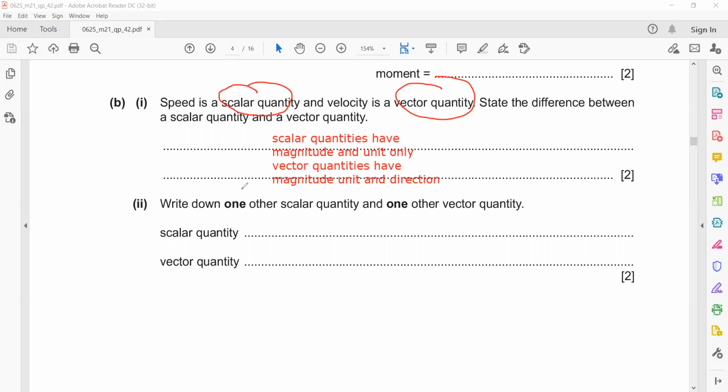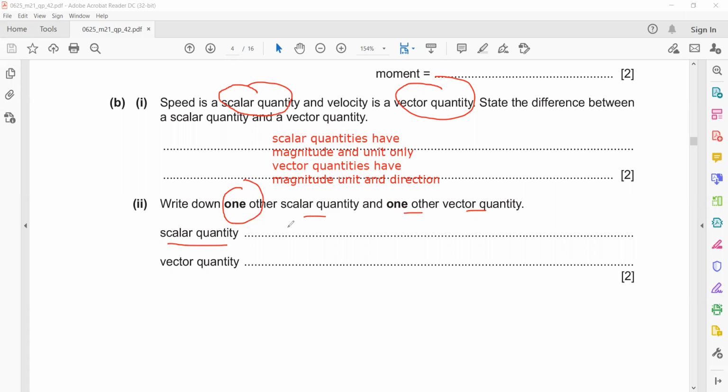Write down one other scalar quantity and another vector. Can you give an example of any scalar quantity other than speed and velocity? There are many scalar quantities which does not have direction. The name of quantity, not the number. You have to mention a name like temperature, time, distance.